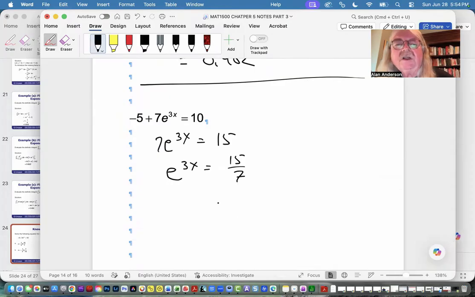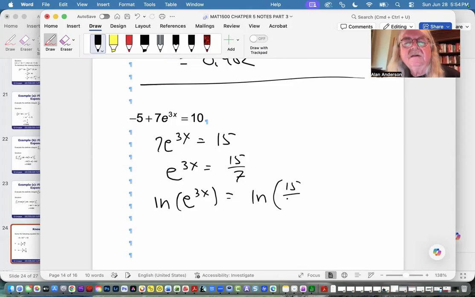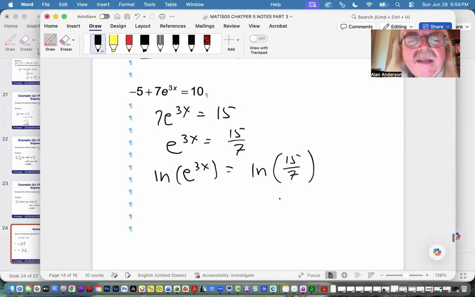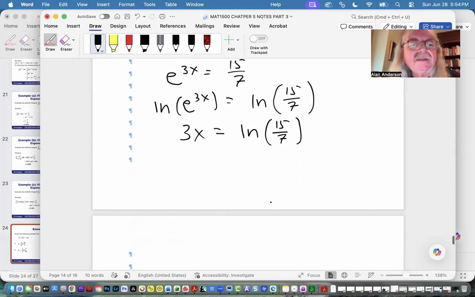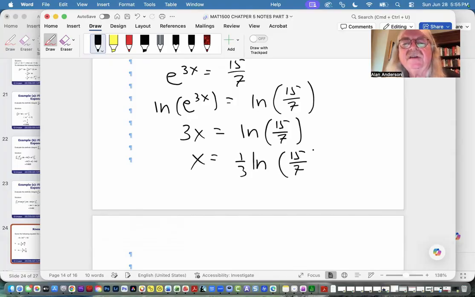We can take the natural log of both sides. And now we've got 3x equals the natural log of 15 over 7, which is some constant. And we end up with x equals 1/3 log 15 over 7. And that's it. We're done.